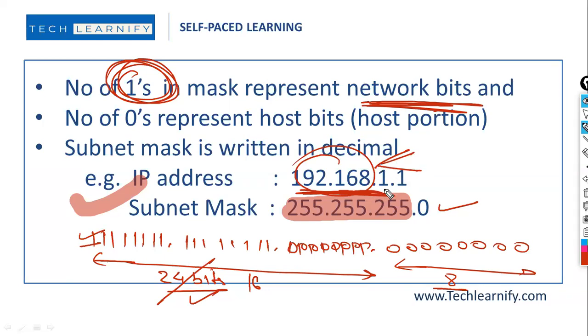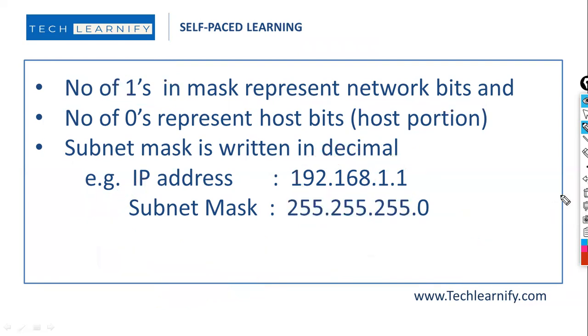But we'll have to understand the concept, the reason why we would ever do that, why we would change the subnet mask. Of course, there has to be a valid reason for doing that, and I will explain that. But for now, I want you to understand what a subnet mask is. So a subnet mask means a decimal value, and this subnet mask can have 255 and some other numbers also, right.